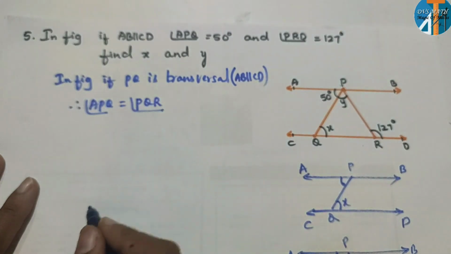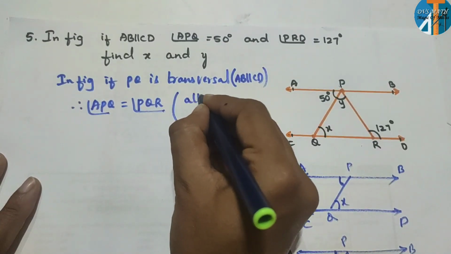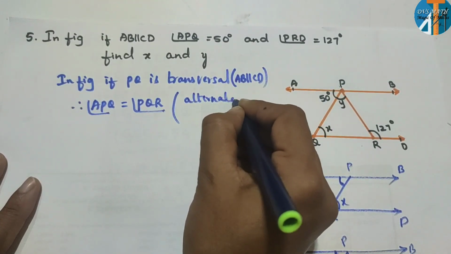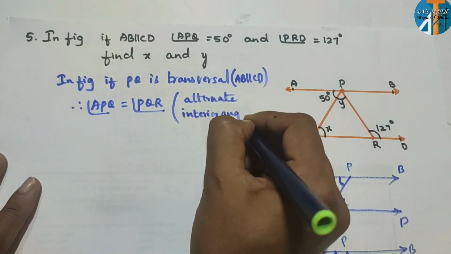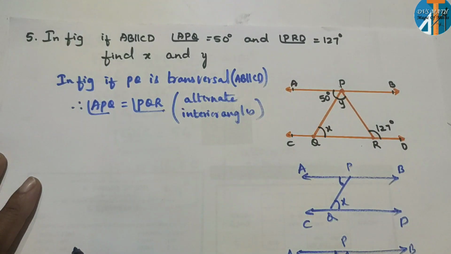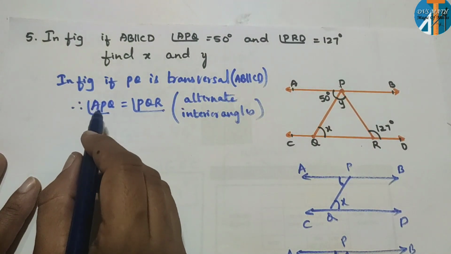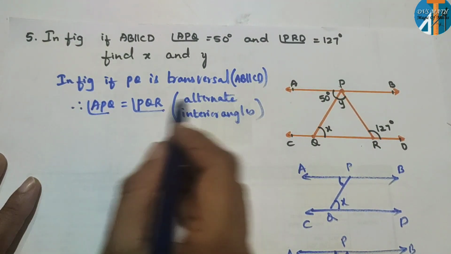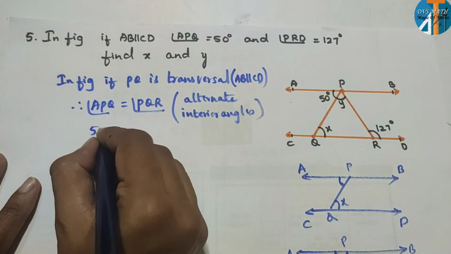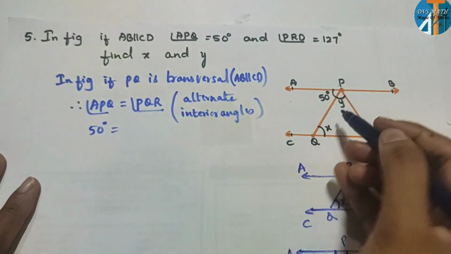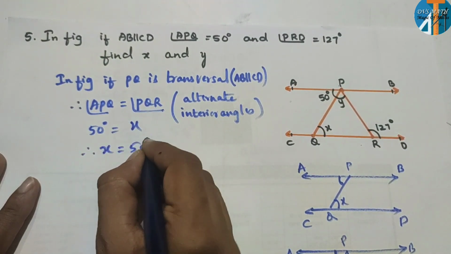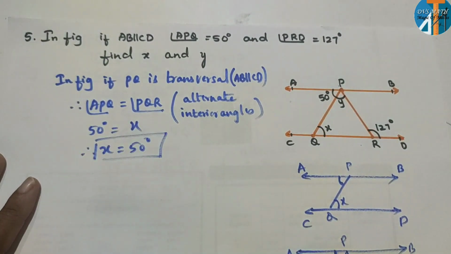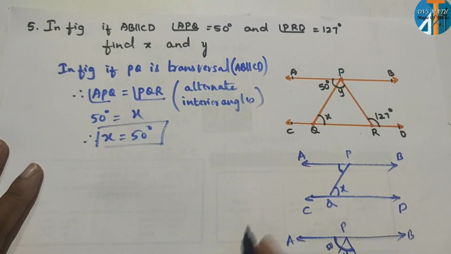Observe carefully. Why? Because they are alternate interior angles. So what is APQ? APQ is 50 degree as they have given. What is PQR? It is x. So therefore x is equal to 50 degree. We got the x value.